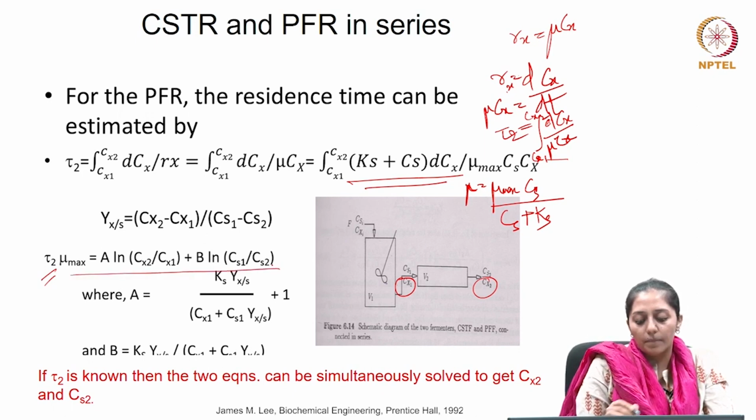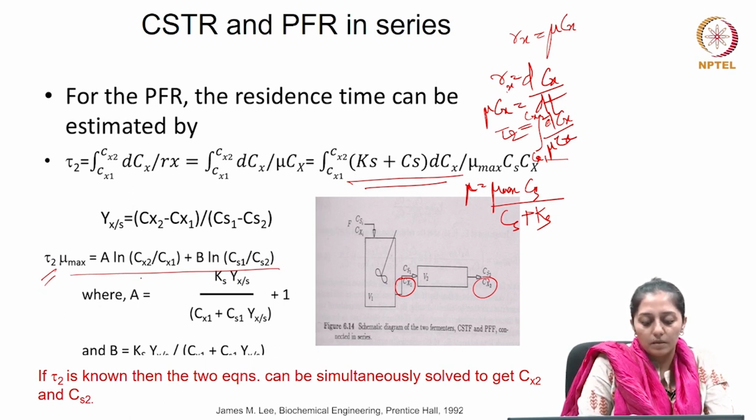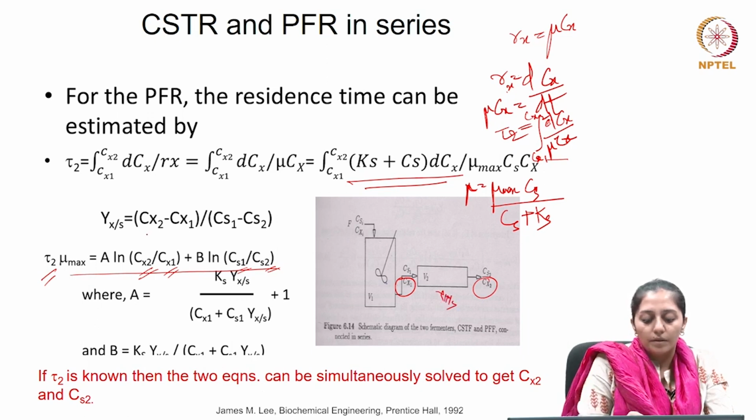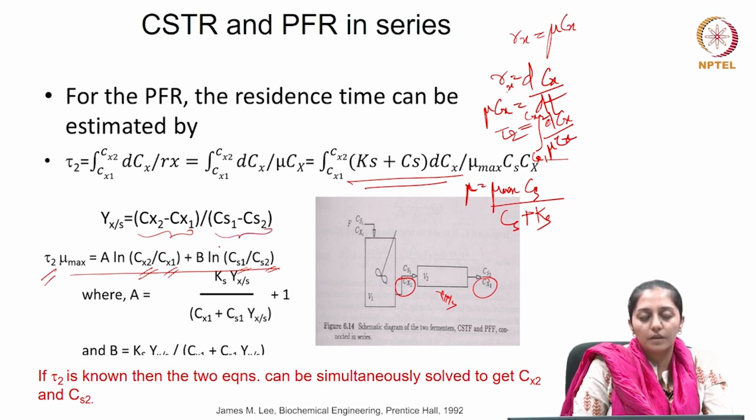This is nothing but your batch design equation, which we have already done earlier. And if you put in your limits, then it becomes a function of CX2, CX1, CS1 and CS2. Now, in terms of yield coefficient, the yield coefficient of the culture was YX/S, which is biomass produced per unit substrate consumed in this reactor.